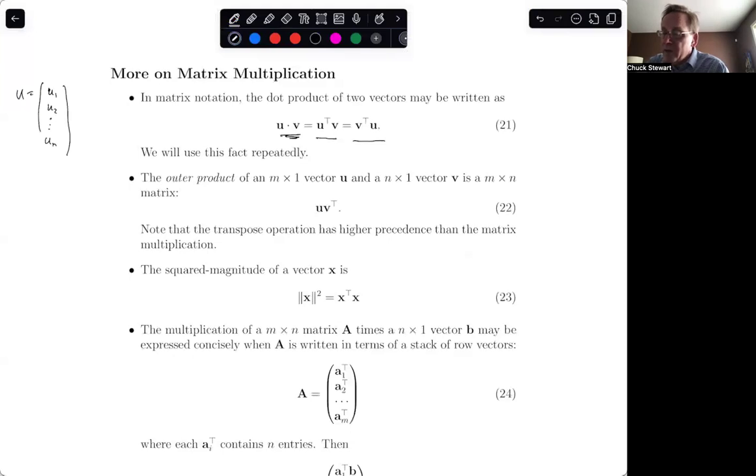U and V equals V1, V2, up to Vn. We're thinking of these as n by 1 arrays, then U dot V is the sum of UiVi.